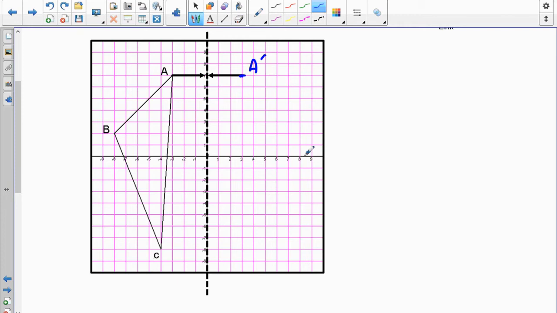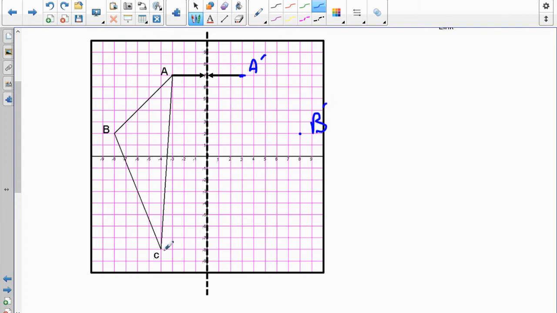Now, the next one is B. You count B straight across, 90 degrees across your y-axis right here. So we've got 1, 2, 3, 4, 5, 6, 7, 8. Now we count 8 again. 1, 2, 3, 4, 5, 6, 7, 8. All right, so there's my B prime.